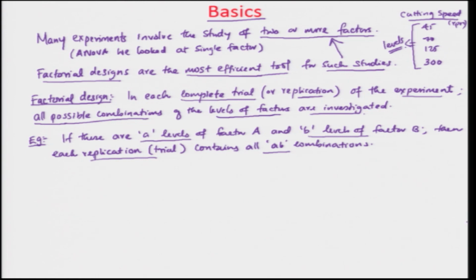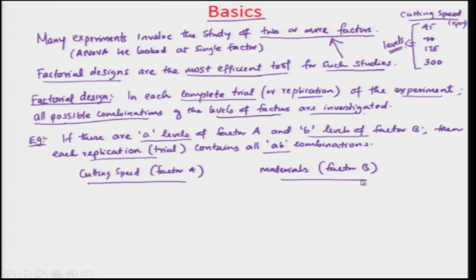For example, if the cutting speed is a factor, let us call it factor A, and let us call materials factor B. Cutting speed has levels of 45 RPM, 70 RPM, 125 RPM and 300 RPM.